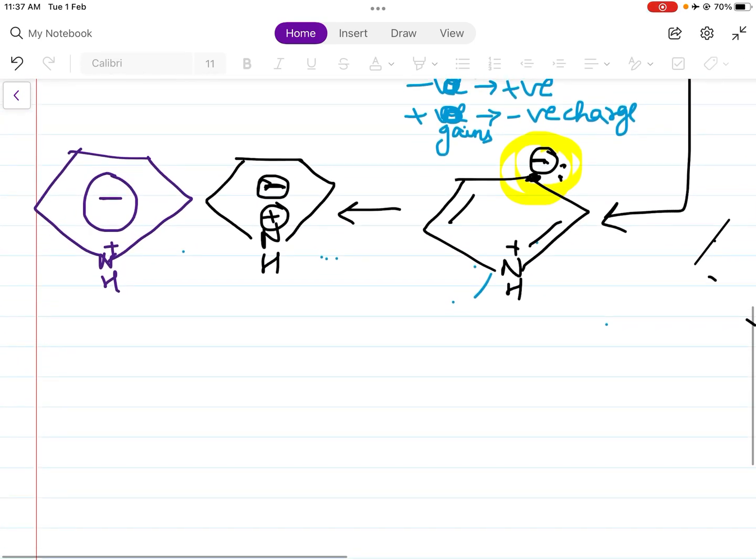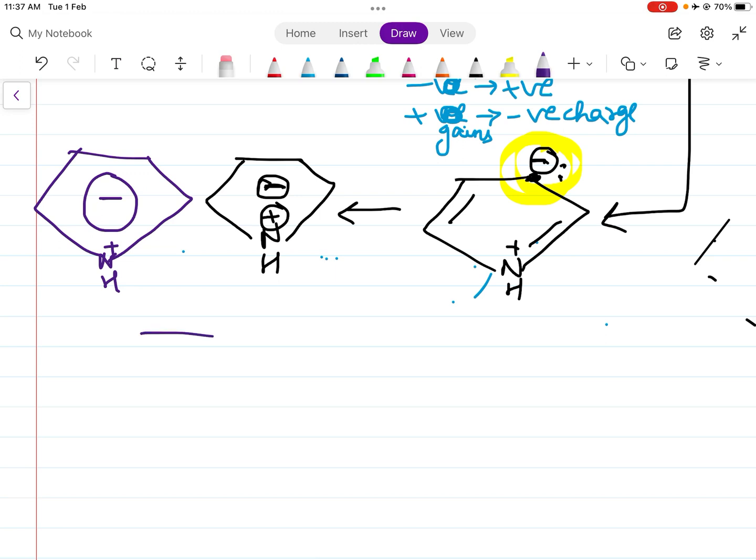So the first question that arises in our minds, after learning the resonance hybrid structures of pyrrole, is: is pyrrole an aromatic compound? If you take this, you see 1 electron, 2 electrons, 3 electrons, 4 electrons.